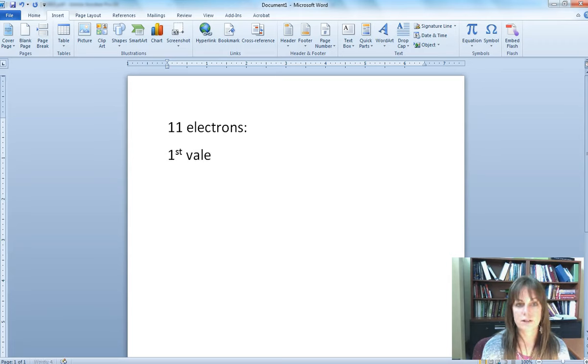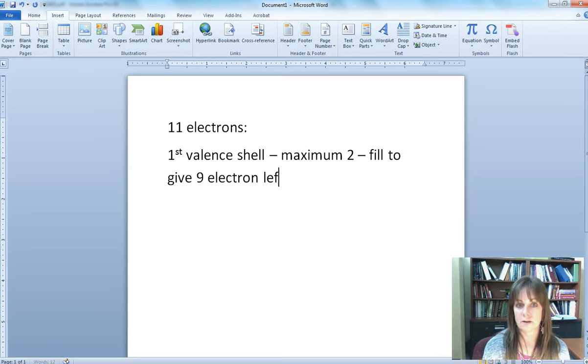So our first valence shell, maximum 2, and we can fill it. Fill to give 9 electrons left. Okay, so we had 11, we put the first 2 in that first shell, giving us 9 still. So where else are we going to put them? Okay, we've got to put them in the second valence shell next.